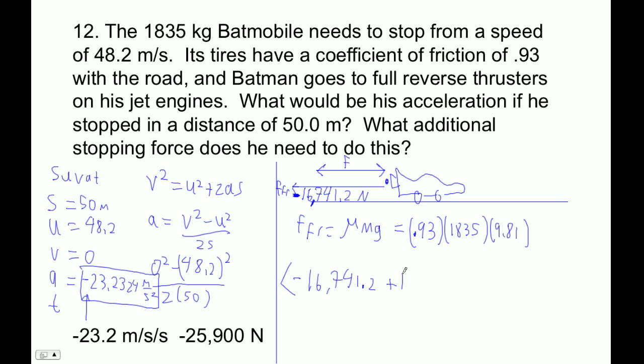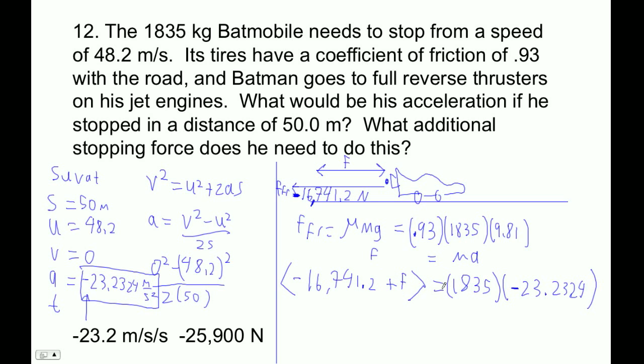And then I'm going to say plus F equals, and then ma, right? I'm setting up F equals ma. And our m is 1835, and our acceleration is negative 23.2324. Negative 23.2324, yes it is, okay.